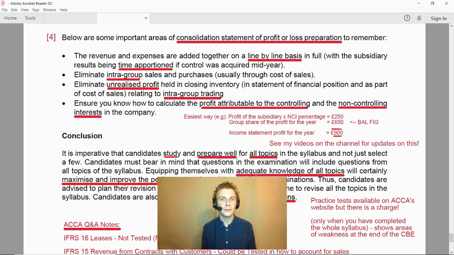We've got point 4 on here for the consolidated statement of profit and loss preparation. Again, key 4 bullet points on here. Make sure you've got them down, because the revenue and expenses are added together on a line-by-line basis for the subsidiary, but it may be time apportioned, depending on if the company was purchased mid-year. If they own the subsidiary for the full 12 months, then they just simply get added together.